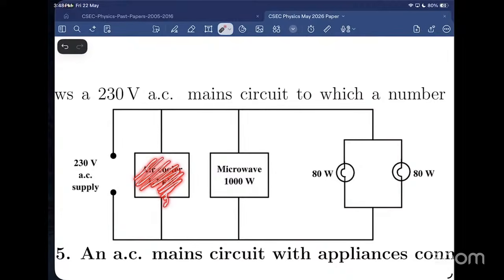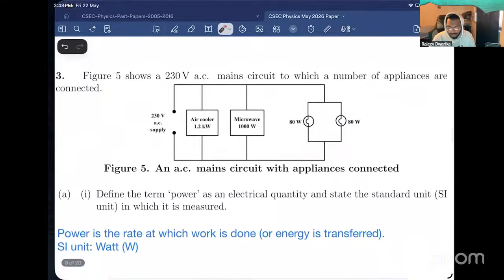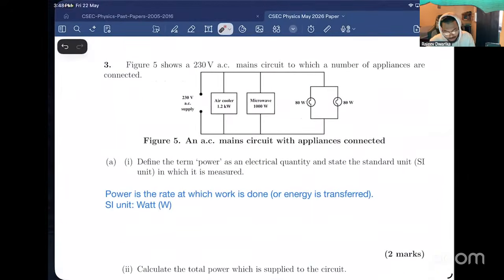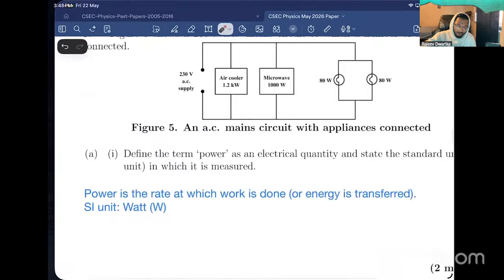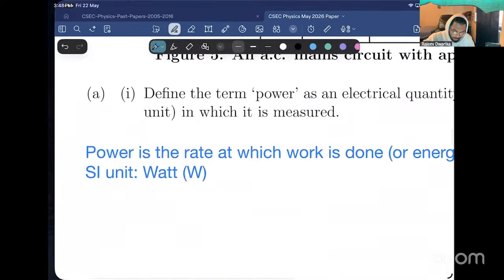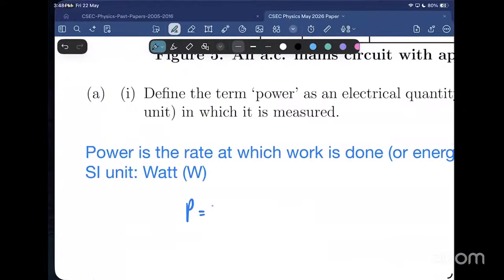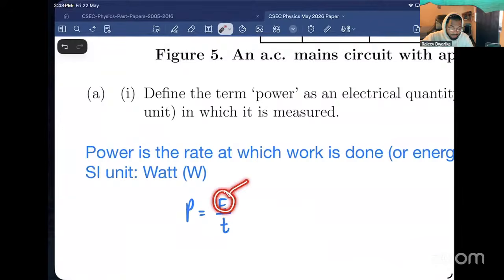Okay. So define the term power as an electrical quantity and state the standard unit. So power is just the rate at which work is done. And I think you'd realize that from the formula. What's the formula for power? Energy over time. What's the definition for energy?